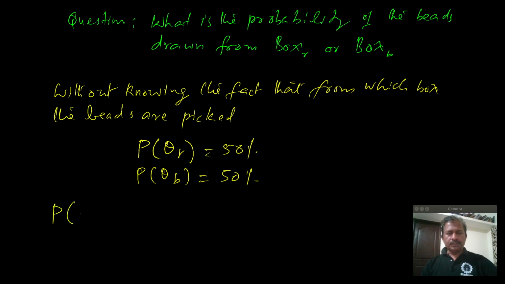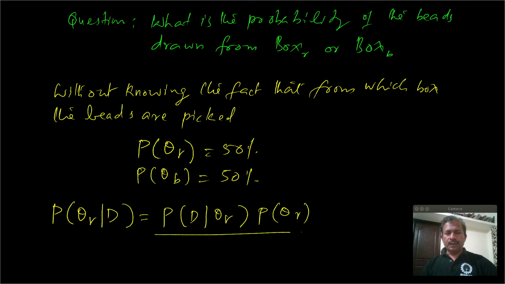I can write it as: probability of the parameter associated with the red box, theta R, given the data, is equal to probability of data given the parameter theta R, multiplied by the prior probability of theta R, divided by probability of data, right?